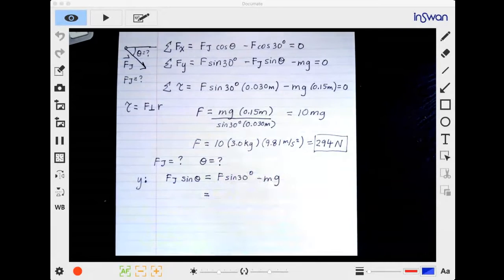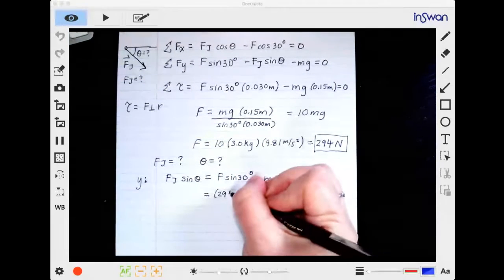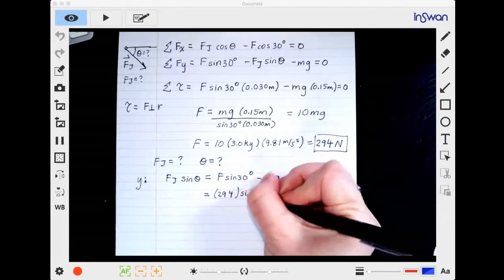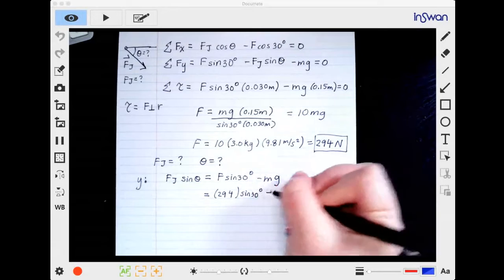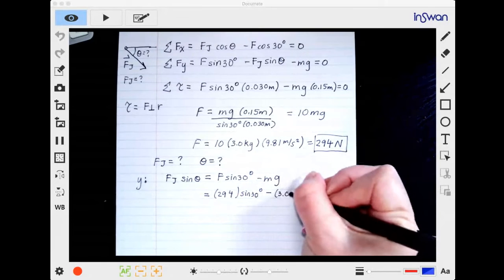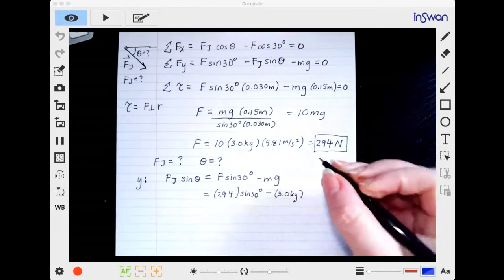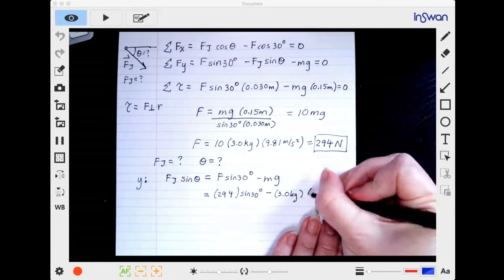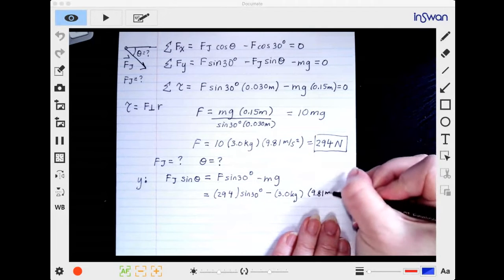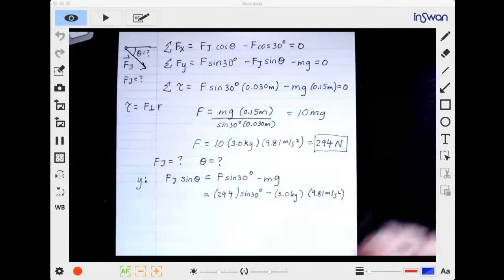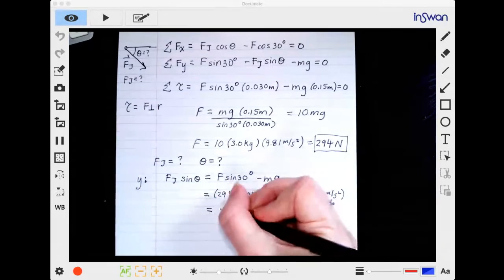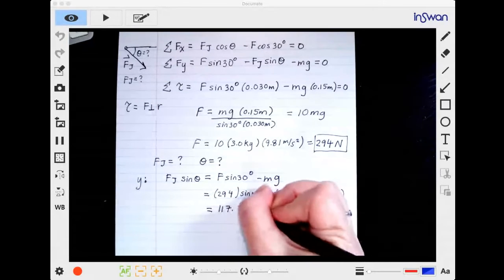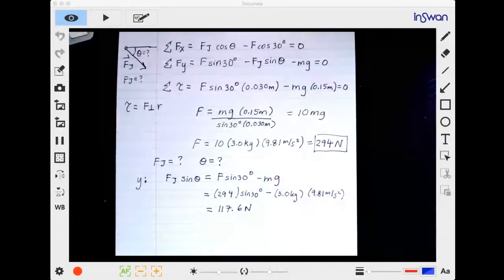Okay, and then we can plug in all our numbers: 294 newtons, sine of 30 degrees, minus our 3 kilograms times 9.81 meters per second squared, and we get about 117.6 newtons.